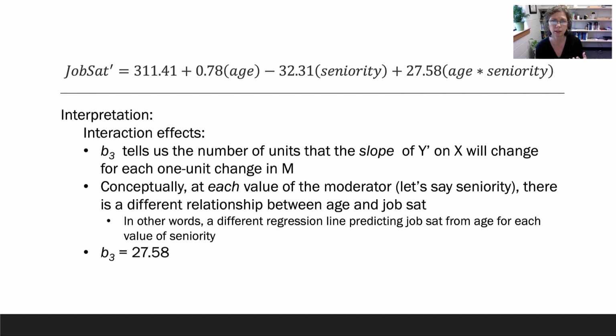Typically we choose 1 standard deviation below the mean, the mean, and 1 standard deviation above the mean. We look at those 3 values of seniority and ask at what values of seniority this significant interaction effect is impacting the relationship between age and job sat.